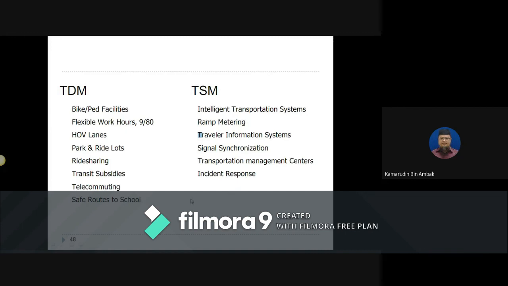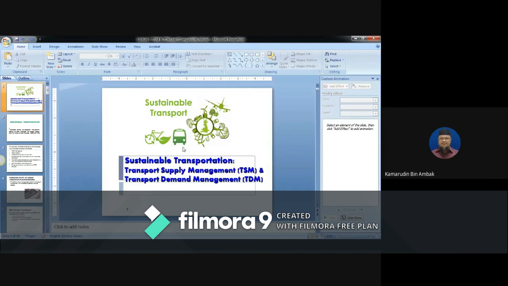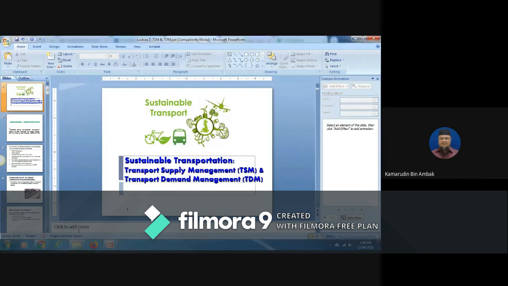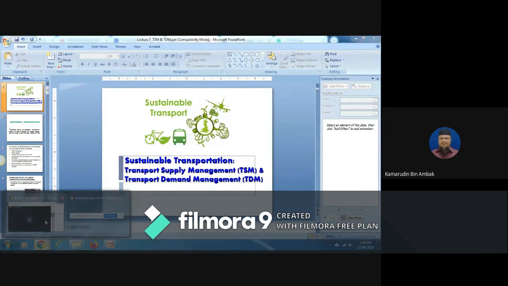That's how the approaches differ under the two systems, TSM, transport supply management, and TDM, transport demand management. Okay, I think that's all to be covered under sustainable transport.